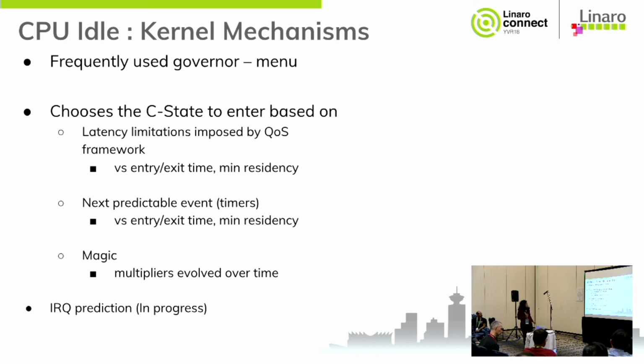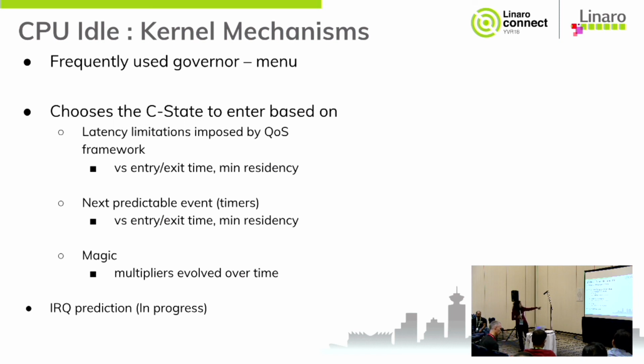Okay, so where were we? I think I was talking about the multipliers. The basic idea behind the multipliers is to aid the governor, to force the governor to choose a shallow C state if the CPU load is high, versus choosing a deep C state if the CPU load is low.